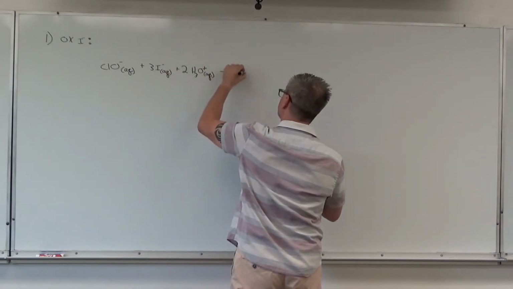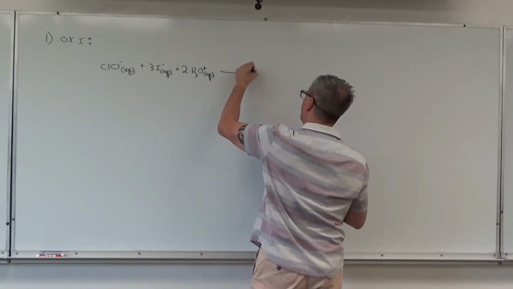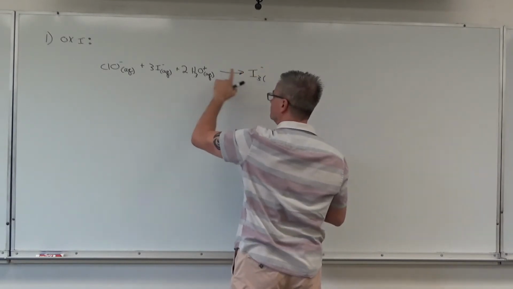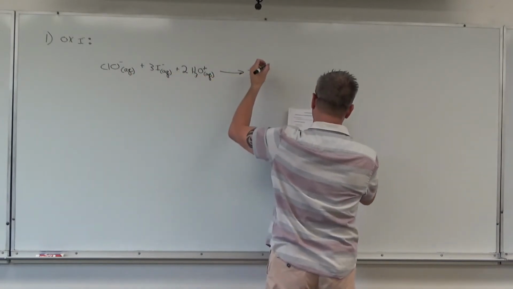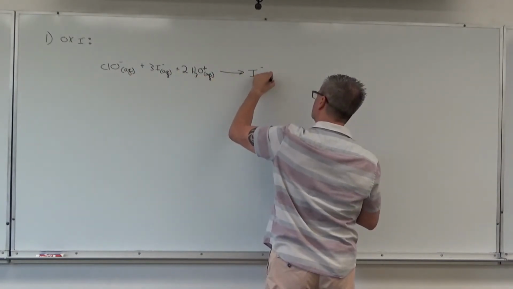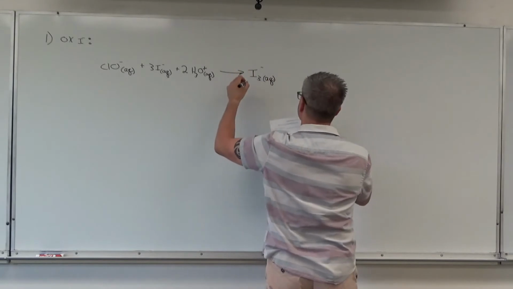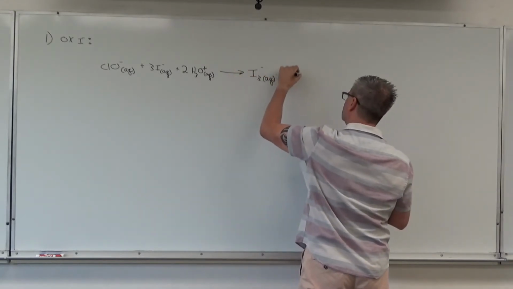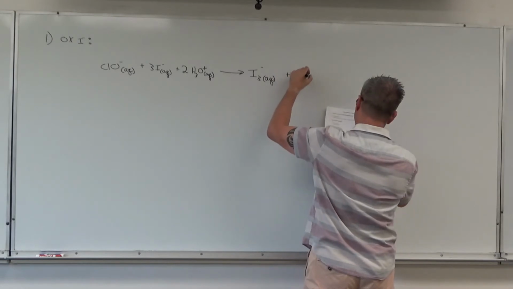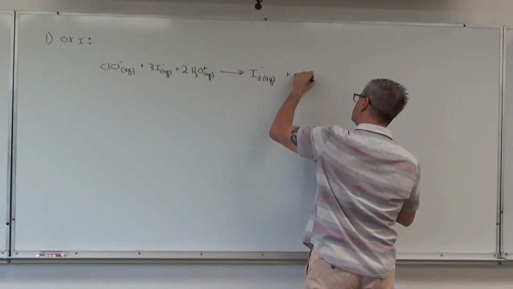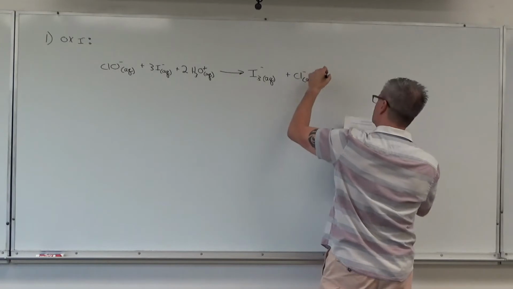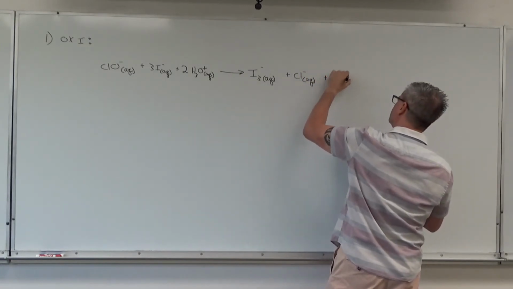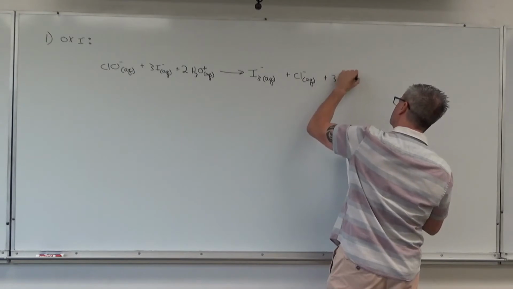And that is going to give us 1 I3 minus. That stoichiometry of 1 to 1 there is important. And then 1 chloride ion plus 3 water molecules.